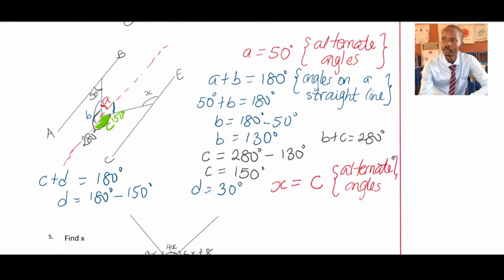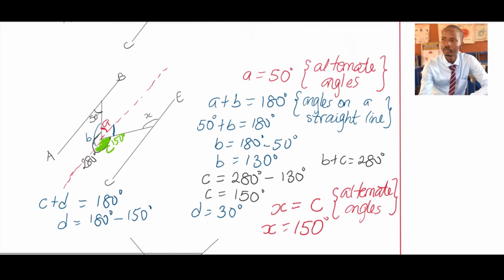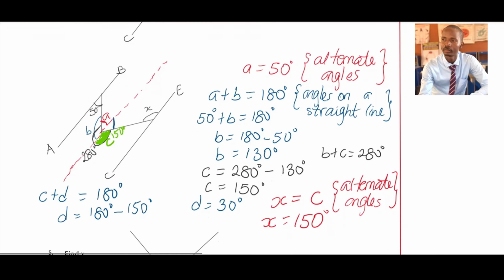So since C is equal to 150 degrees, X is equal to 150 degrees. I could have used a different approach too. Don't forget, I told you there are different ways to solve problems like this.